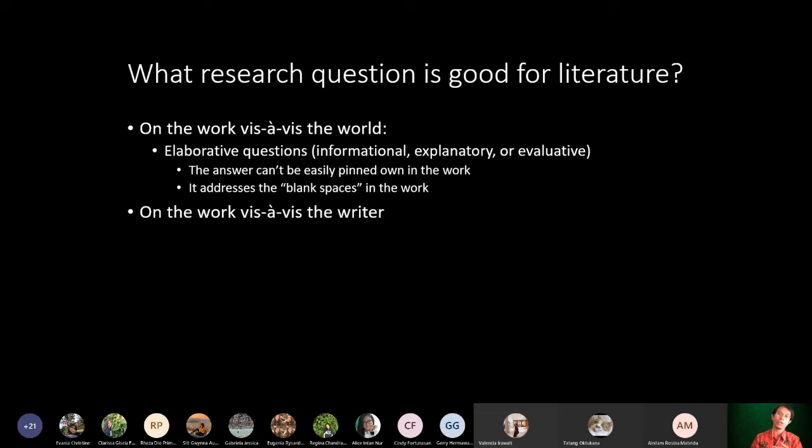Now, you can also talk about the work in relation to the artist or the writer. And when we talk about something like this, we can make questions related to the motivation of the writer.